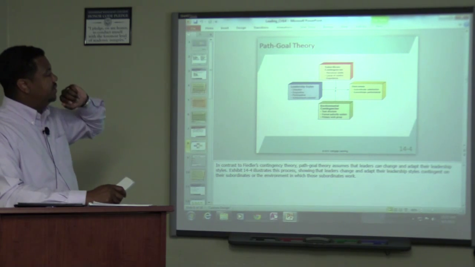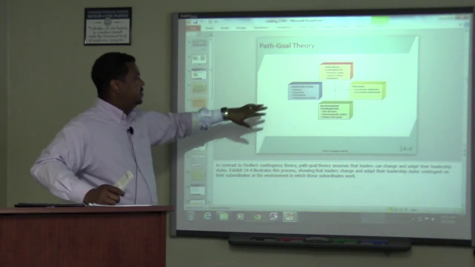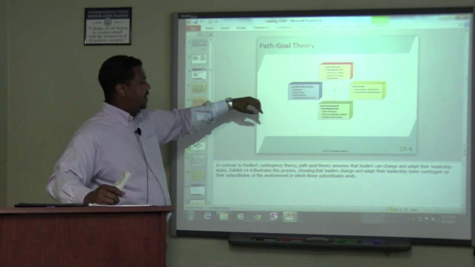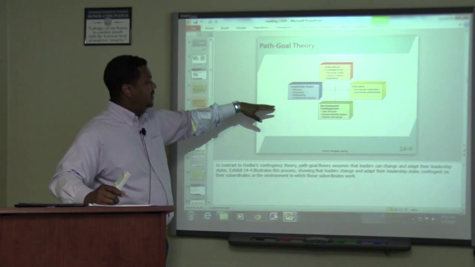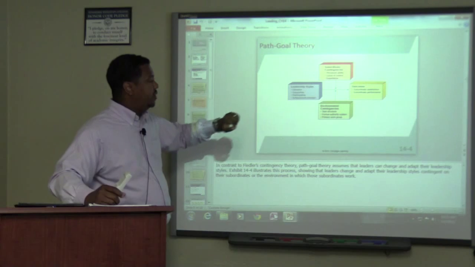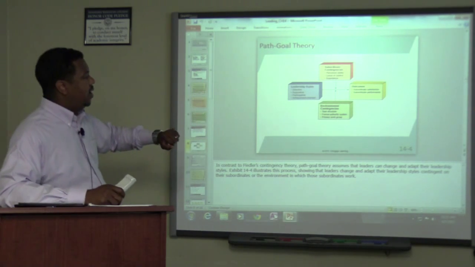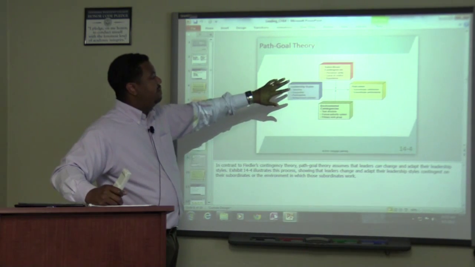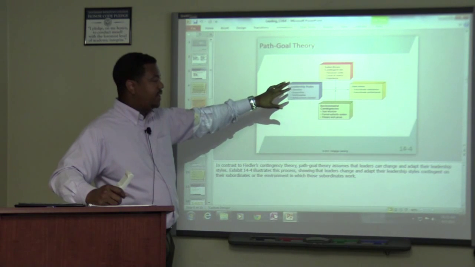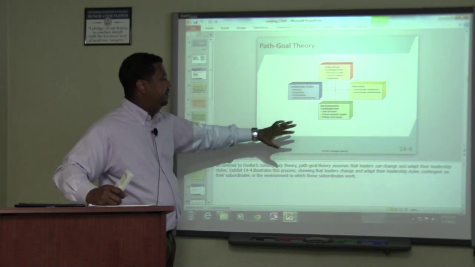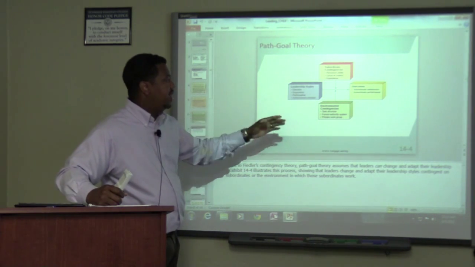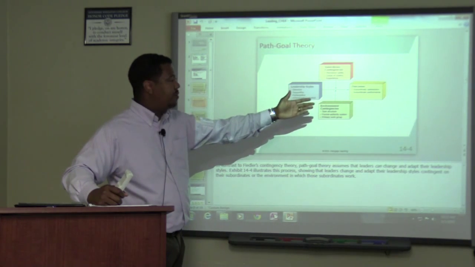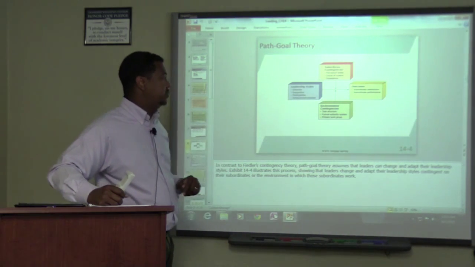Path goal gives us a clear understanding of different leadership styles: directing, supporting, participative, and achievement orientation, while we think about the mindset our subordinates are dealing with, the environment we're dealing with, and the outcome our organization is trying to achieve.